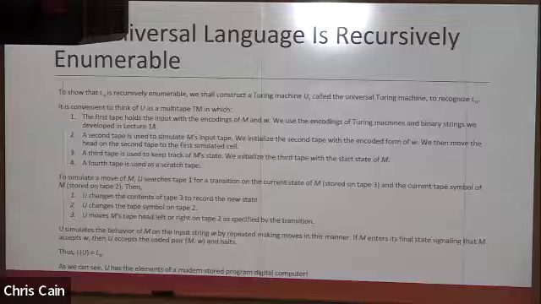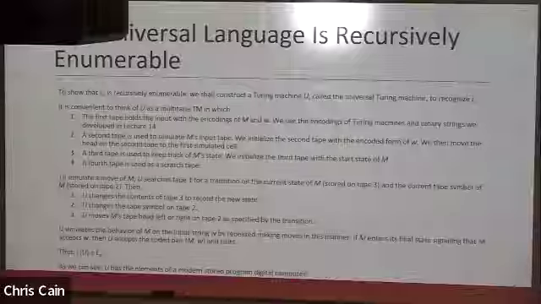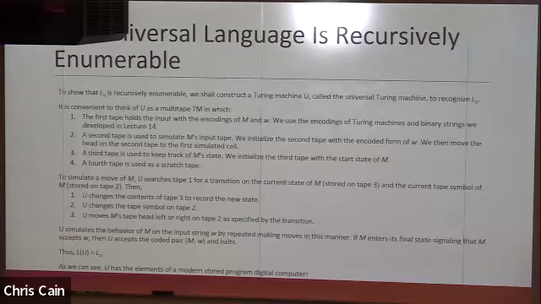At the end of last time's very mini class, we were talking about the universal language and why the universal language is recursively enumerable. So we found a way to simulate this concept of outputting machine-string pairs where the machine accepts the string.